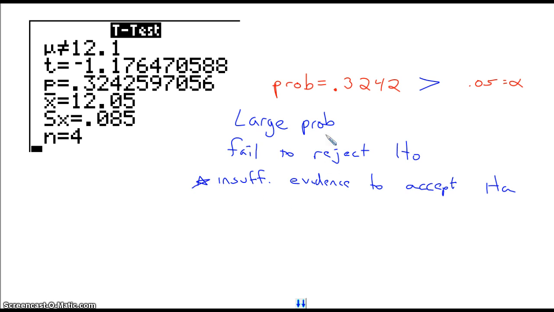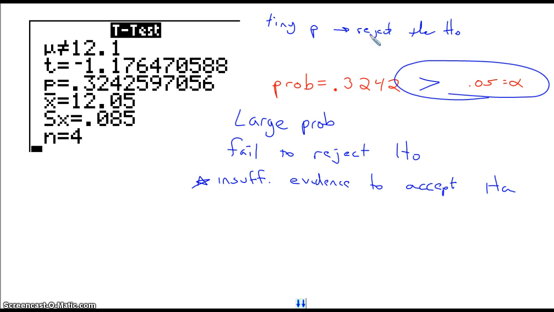I like this one more whenever we have a large probability. By the way, I teach my students, if you have a tiny p, reject the Ho. And if you have a large p, you fail to reject Ho. So again, tiny p, and tiny is when you compare it to alpha. So when you have a tiny p, reject the Ho. So for us right now, we have a large probability. We fail to reject Ho. There's insufficient evidence to accept Ha.